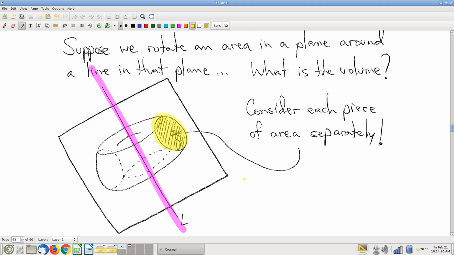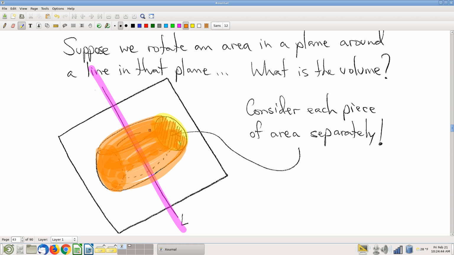I want to take that area and rotate it around to make a volume. It's hard to draw a decent picture of this, but you make a volume, right? And you want to compute that volume.